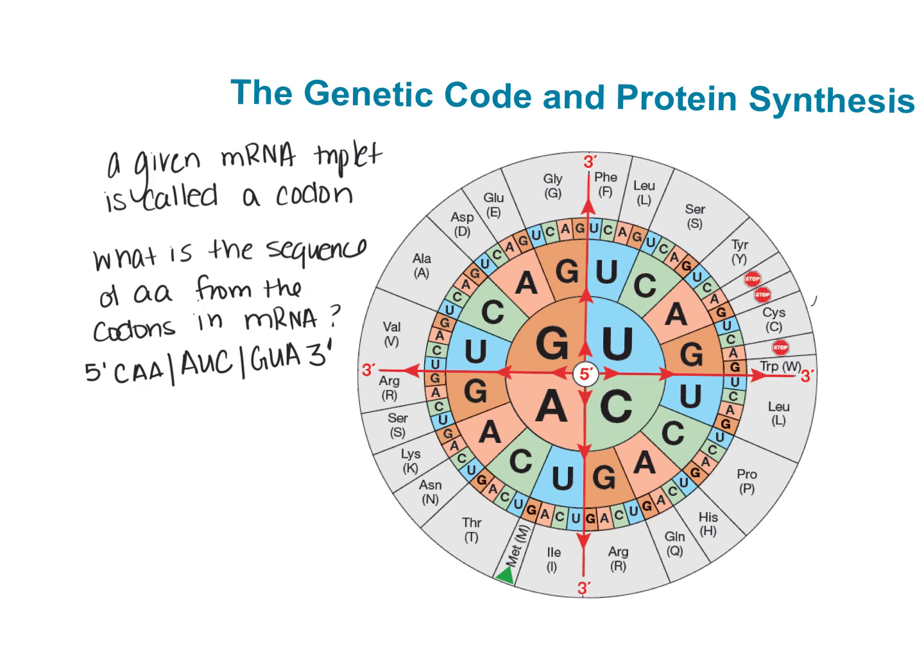And so what we do now is that we come over here and we say, all right, which amino acid comes from this combination? So we start in the middle here, and that's kind of where this 5' is. So we say, okay, here's the C, and then the next thing I do is move to the A, and then I move to this A here, and then we have glutamine, GLN.